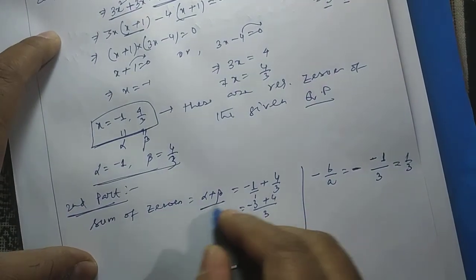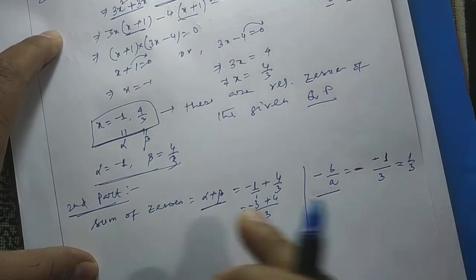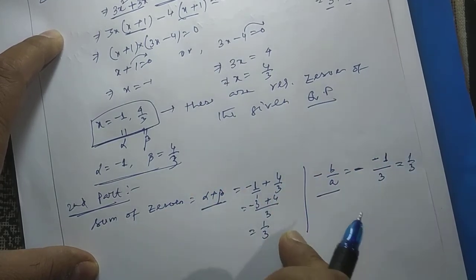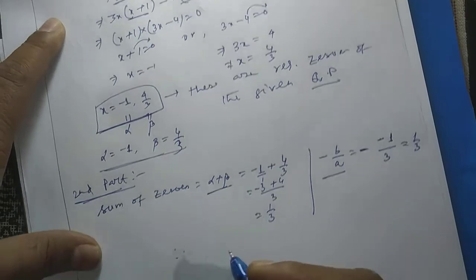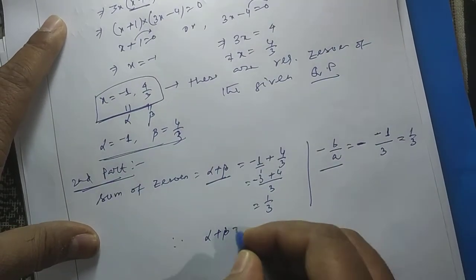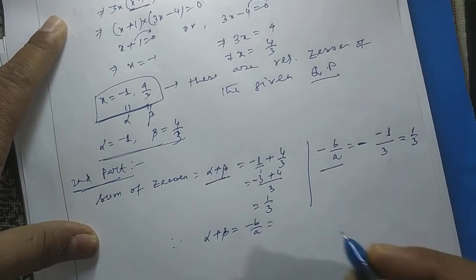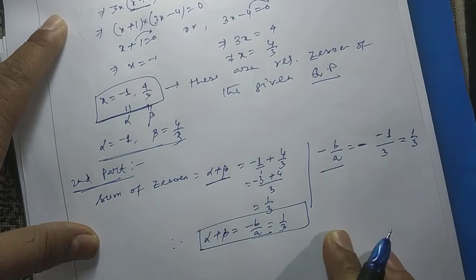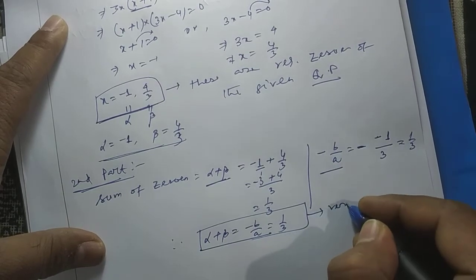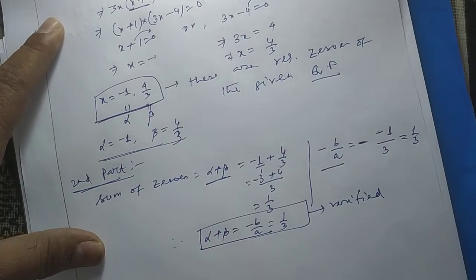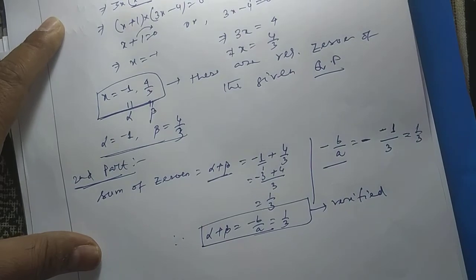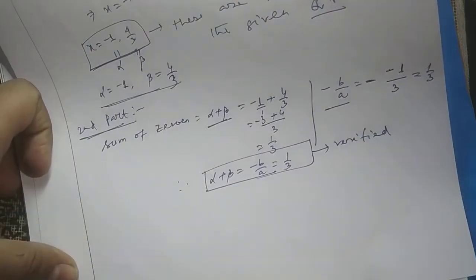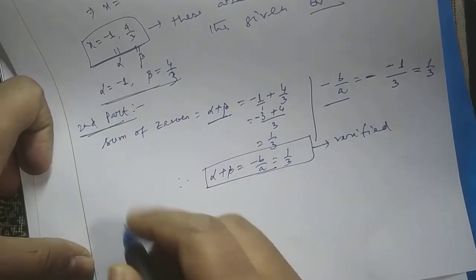Now if we compare alpha plus beta and minus b by a, we see both are equal, both are same, and both are equal to 1 by 3. So we can claim alpha plus beta equal to minus b by a, and both are equal to 1 by 3. That means the first relation has been satisfied, means verified. Understood? So my first relation has been satisfied. Now let us come to the second relation to check.